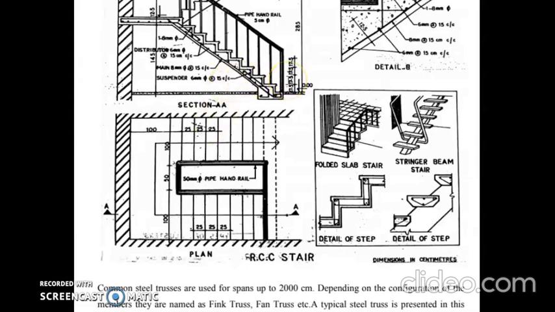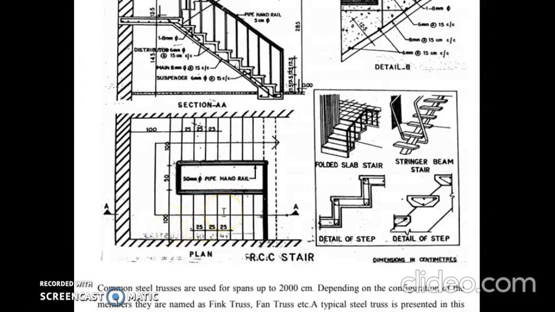Here the height of rise is 17.5, and also in this figure all the dimensions are given in centimeters. So you have to write in the title block as all dimensions are in centimeter.